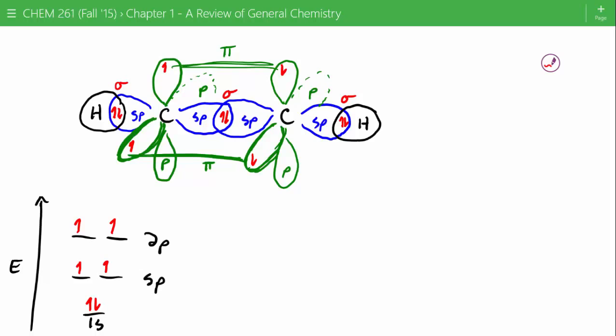No. Through space, they can't feel one another. If they're both pointing in the same direction, meaning they're both parallel to one another, that's when you form a pi bond. And like I was saying before, that electron has equal probability of being on the top side or the bottom side of that pi bond on either side of that lobe. And in fact, it's in both positions at once, more or less.